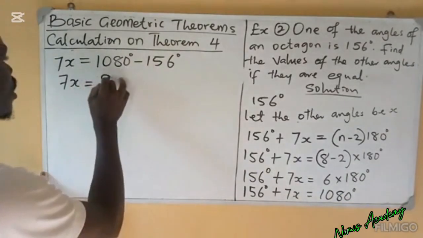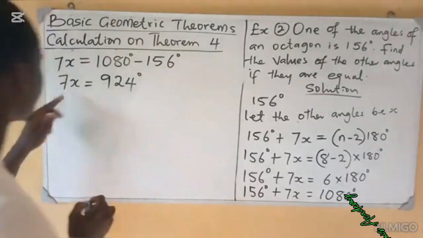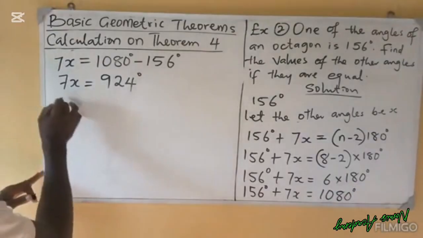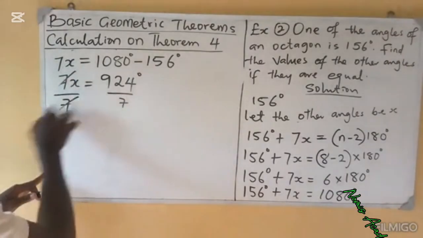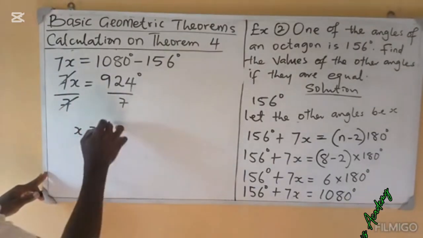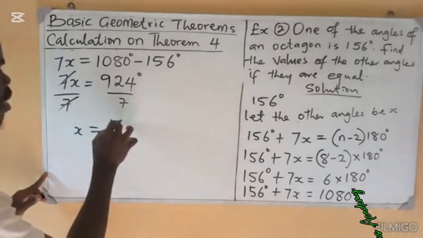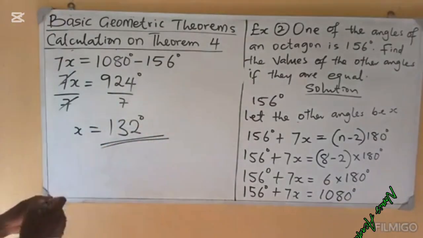That will give us 924 degrees. Now divide both sides by 7. When you divide both sides by 7, x is equal to 132 degrees. So the value of x is 132 degrees.